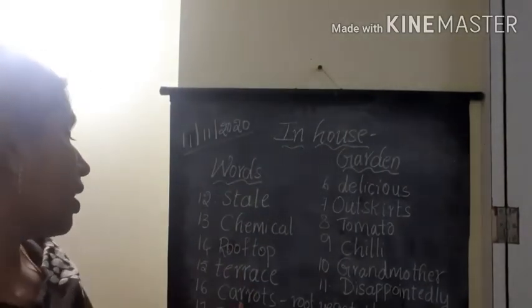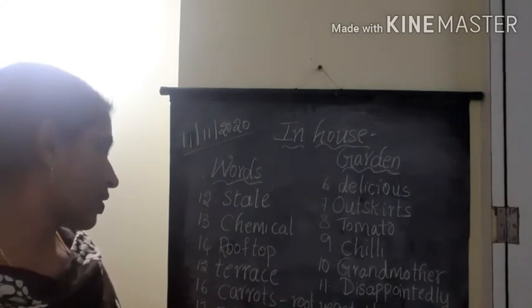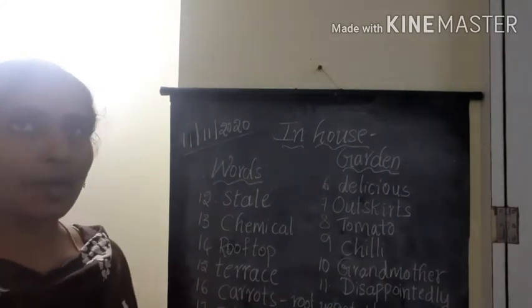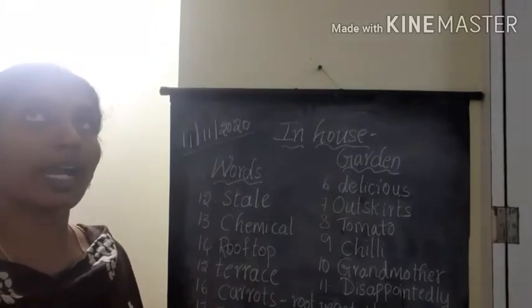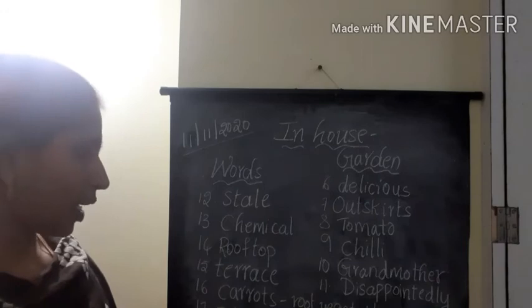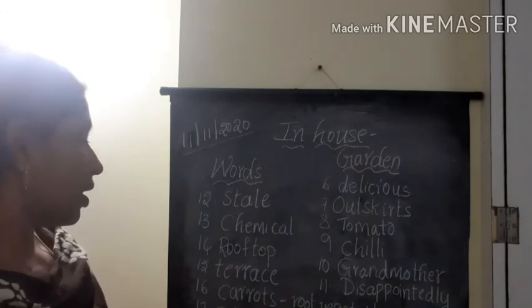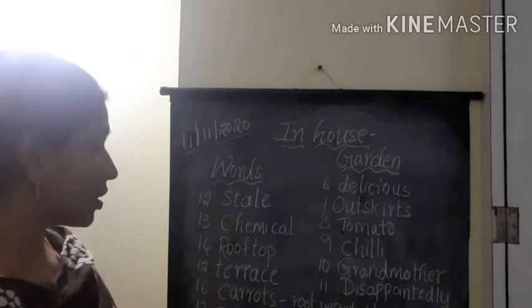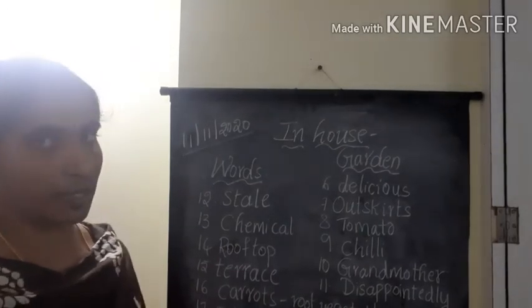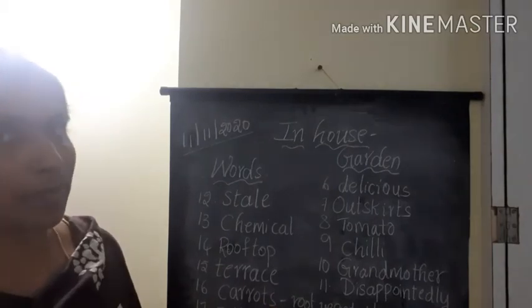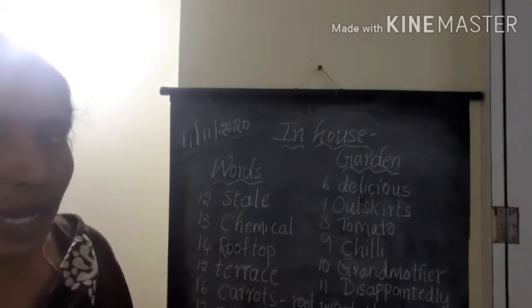Understand, children? Carrots are root vegetables and bitter gourds are climbers. This bitter gourd can climb on the wall. When it climbs on the wall, it looks very green and beautiful. Understand? Then carrot is a root vegetable. Who learned this? Yes, Patty learned that carrots are root vegetables and bitter gourd is a climber.